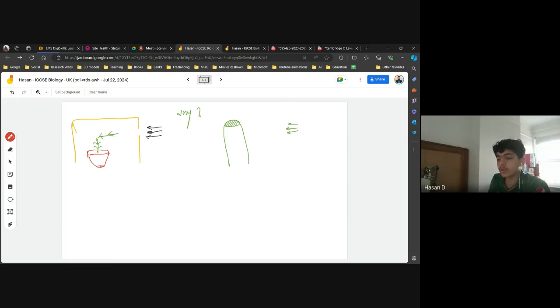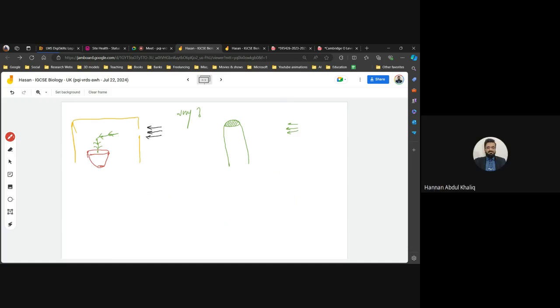So auxin is transported down the shady side. Shady side, exactly. This is the side of light falling, so the auxin would accumulate opposite to it, on the shady side.